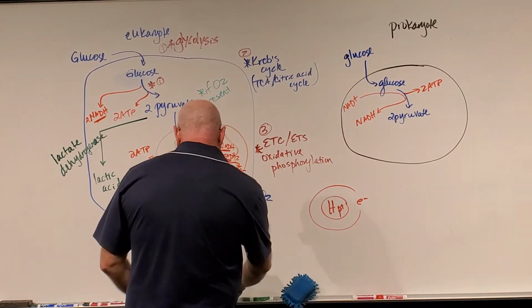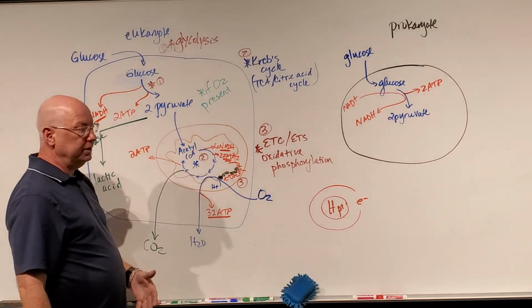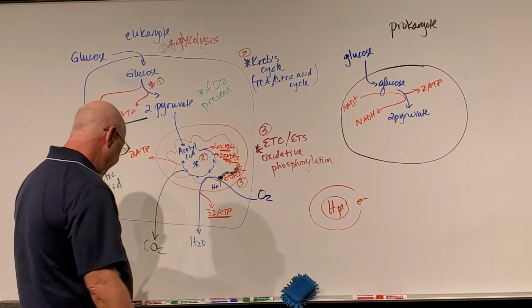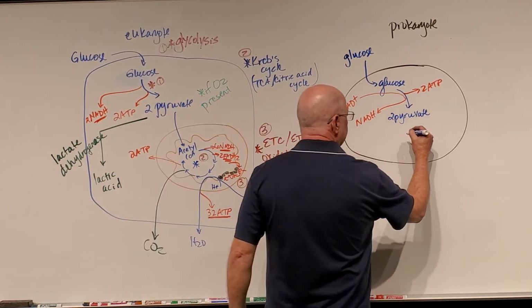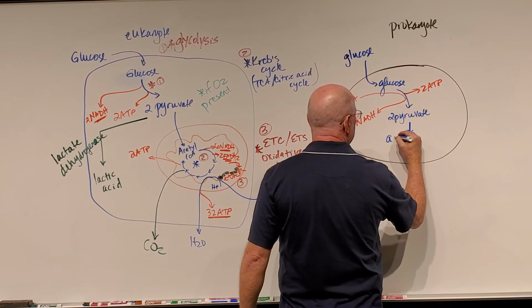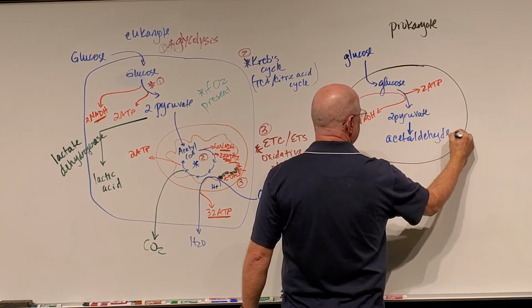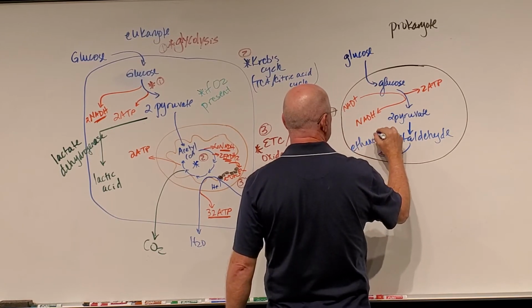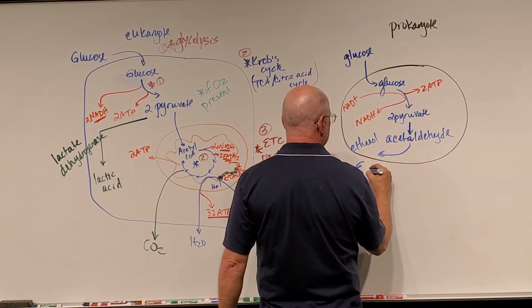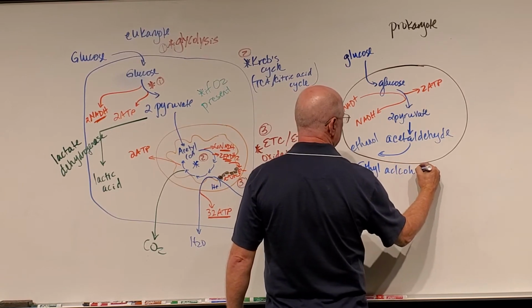Now, because prokaryotic cells are lacking mitochondria, what do they do with the pyruvate? Well, the pyruvate is going to get converted to a stuff called acetaldehyde, and then that's going to get converted into ethanol, which we can also call ethyl alcohol.